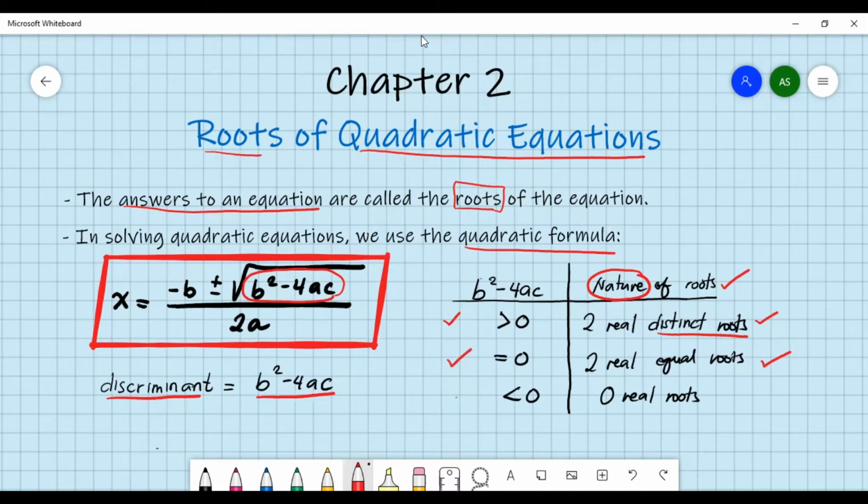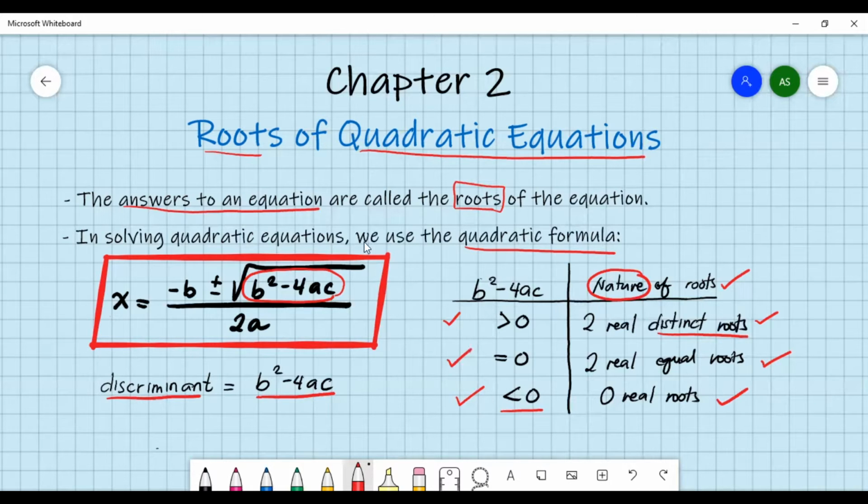And if the discriminant is less than 0, that means the discriminant is negative. Remember, when we take the square root of a negative number, it will give us an error when you input this in your calculator. Therefore, if the discriminant is less than 0, then you will have no real roots.